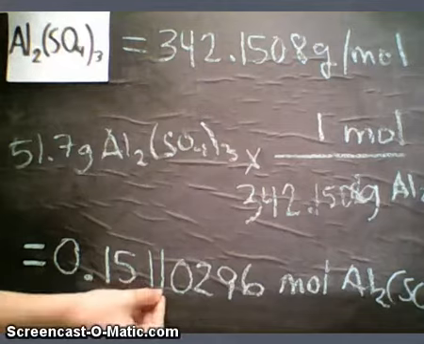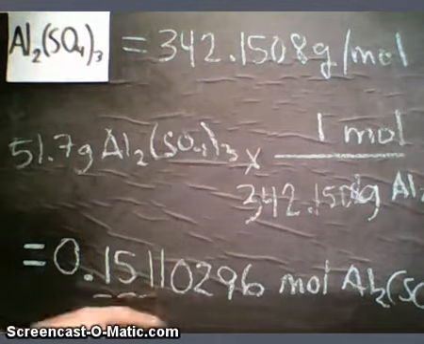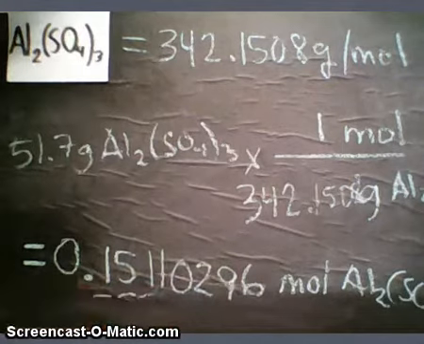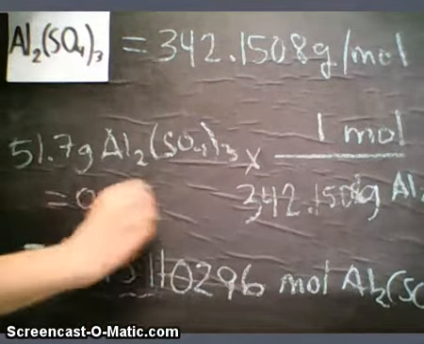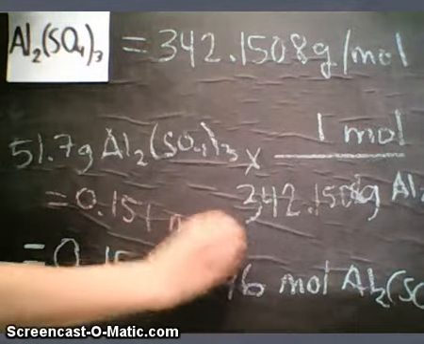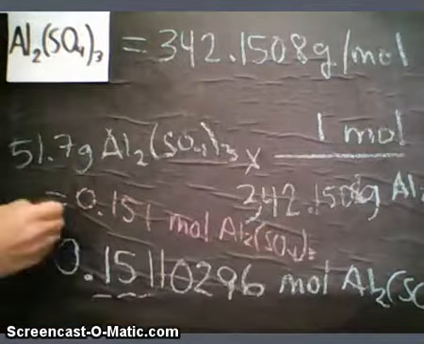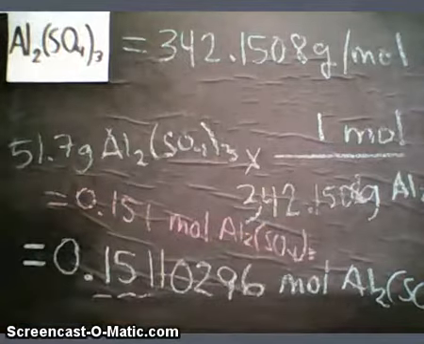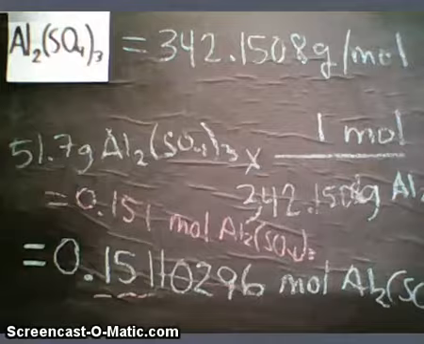We have to check if we have to round up or down. This is a 1, so it stays the same. We can drop this part of the number. The final answer will be 0.151 moles of aluminum sulfate. Okay, this is your final answer for converting grams to moles.